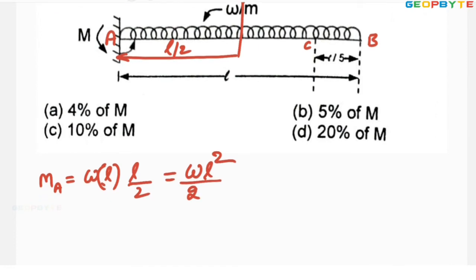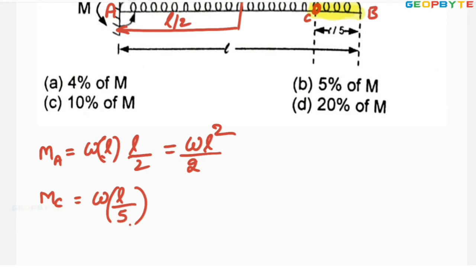Now let us find the bending moment at a distance of L by 5 from the free end B. Bending moment at C is equal to first UDL multiplied by UDL distance. UDL distance is L by 5.